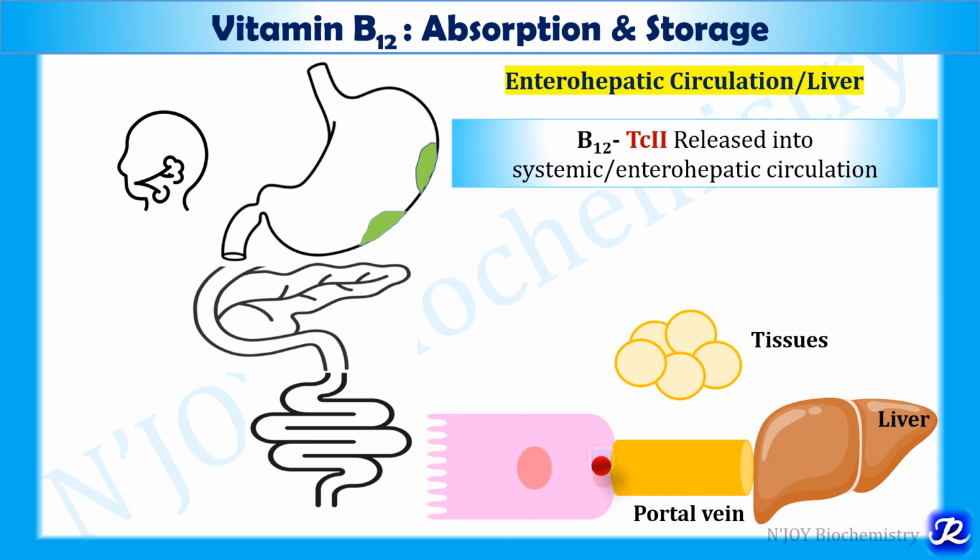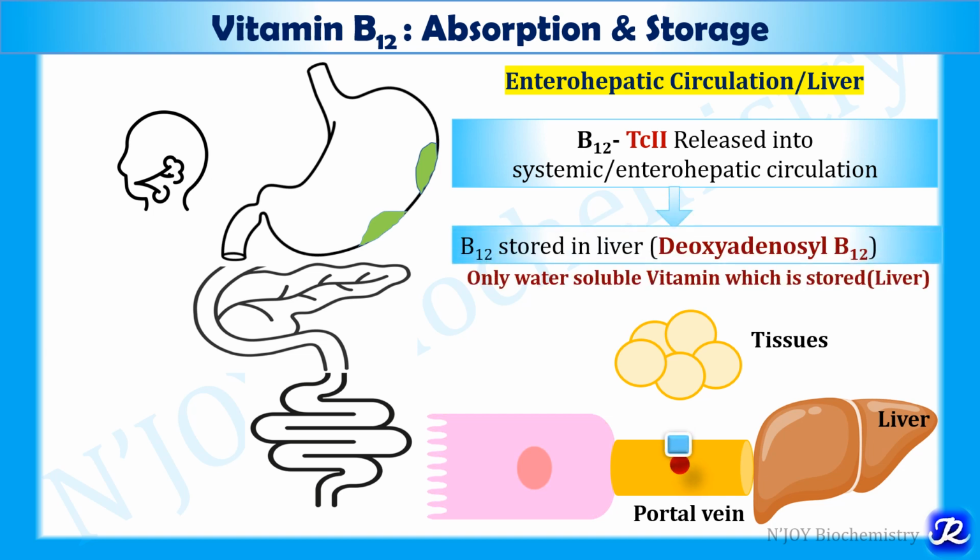here only free cobalamin is transported in the circulation, and here it binds to transcobalamin 2, and then this transcobalamin 2 and B12 complex, through the portal circulation, reaches the liver, and in the liver it is stored in the form of adenosyl cobalamin.